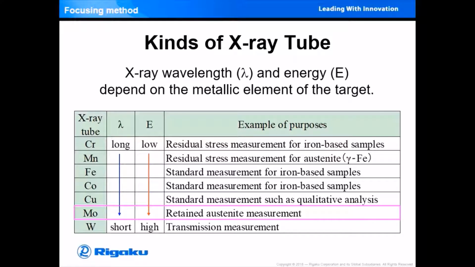A molybdenum X-ray tube is used for the transmission measurement due to the short wavelength with high energy, and also used for the retained austenite measurement because it can give the peak positions at lower angles. A tungsten X-ray tube, which provides the shortest wavelength, is also used for the transmission measurement because of its high energy.